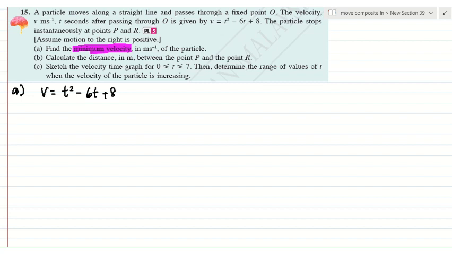We have to memorize. The minimum velocity formula is acceleration equal to 0, and acceleration is equal to dv dt. So dv dt equal to 0. dv dt is 2t minus 6 equal to 0, and then we get t equal to 3 seconds.